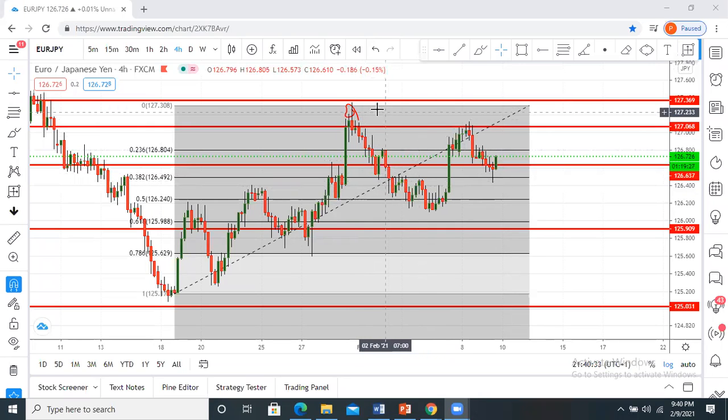Your first take profit should be this last turning point. That's how you can trade the Fibonacci. You can trade successfully with the Fibonacci tool, because there are people who are trading with Fibonacci, but they don't apply the rules of trading with the Fibonacci tool.